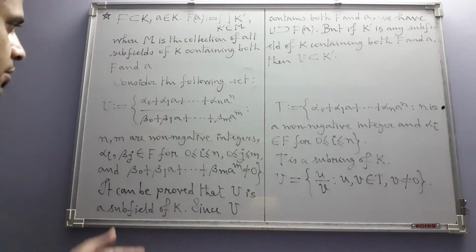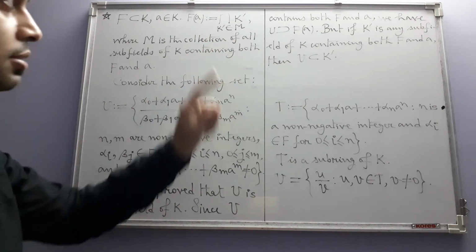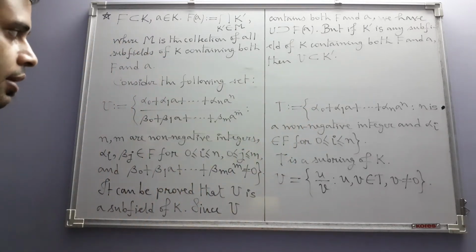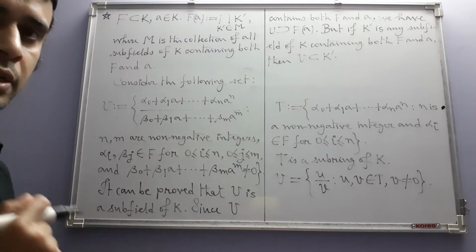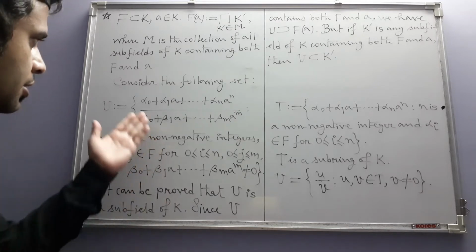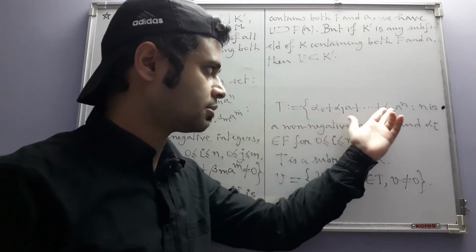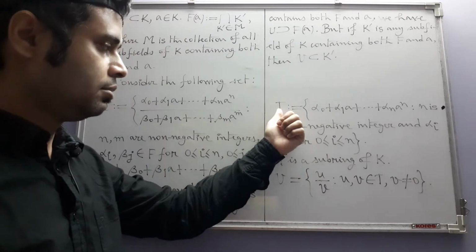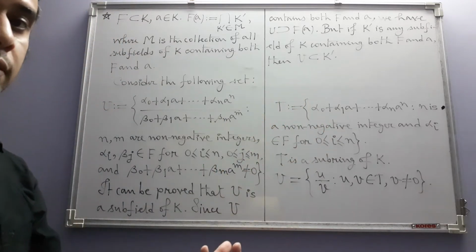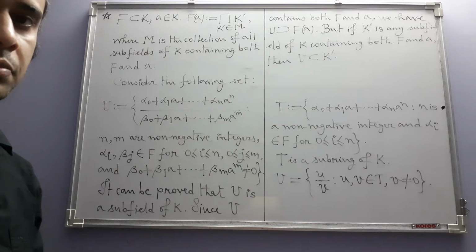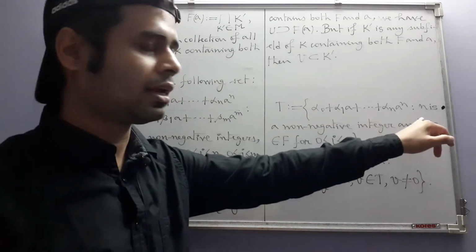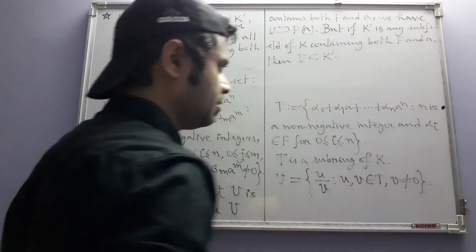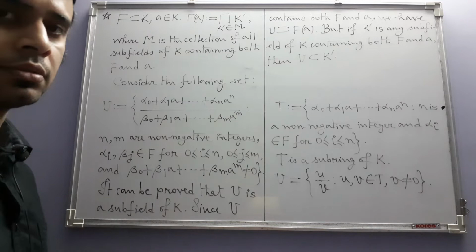Why? You see, if K prime is some subfield of K containing both F and A, since K prime contains both F and A, first of all the expressions, the polynomials in A with coefficients from F, these expressions will all be inside K prime, because K prime contains all these alpha i's and K prime also contains A. So such expressions, polynomials in A, will be elements of K prime.